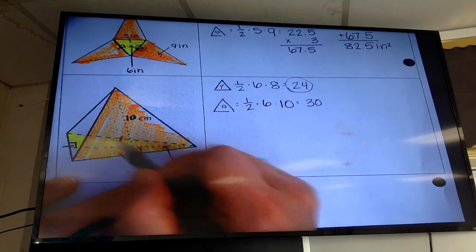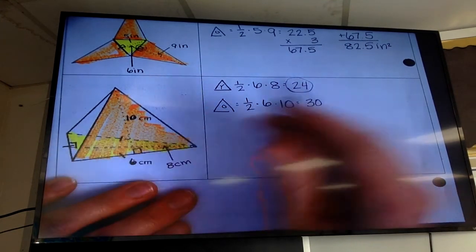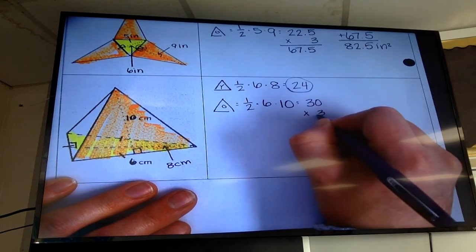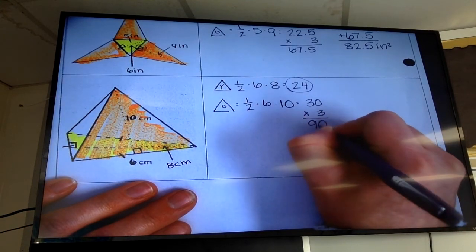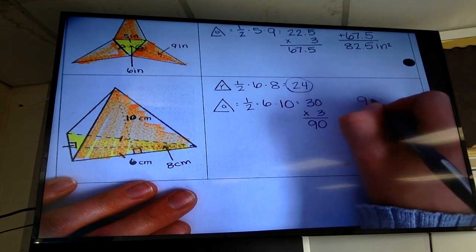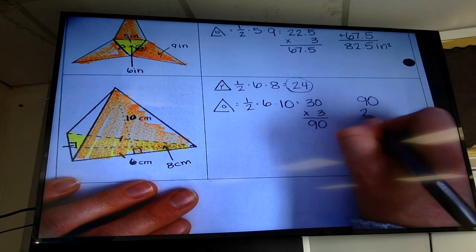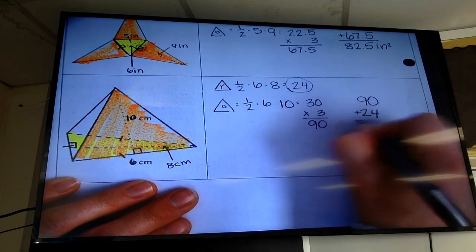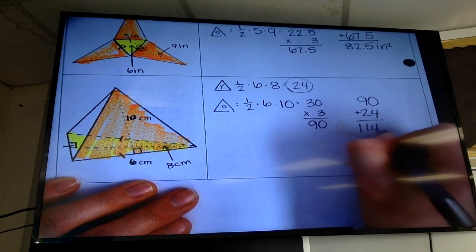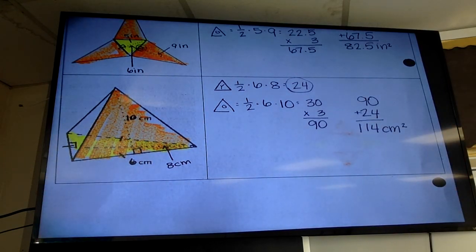We have 3 exact ones. And I know it's 3 because there's 3 sides of a triangle on my base. Say times 3, which is 90. So again, just like every other time, I do my last step. So my 3 triangular faces and my 1 triangular base, and I add them together, and you should have got 114 centimeters squared.